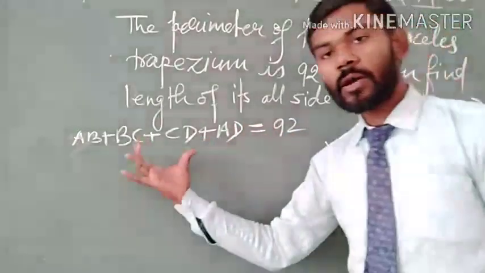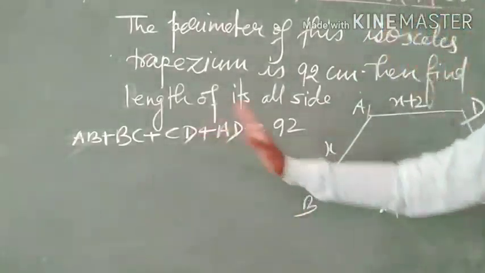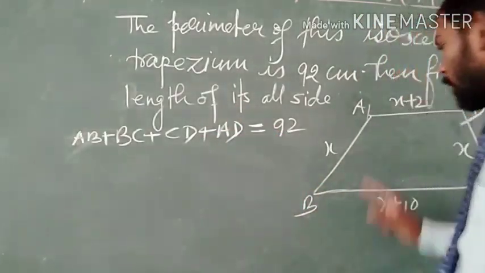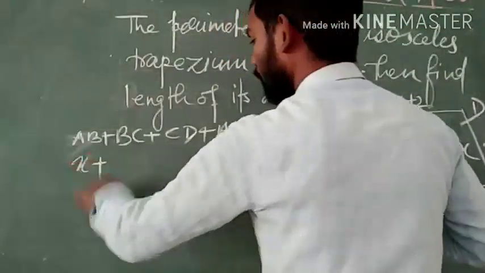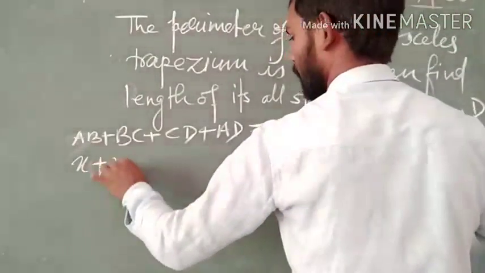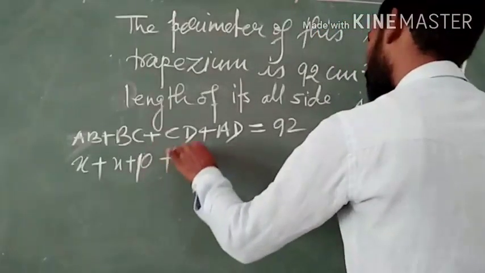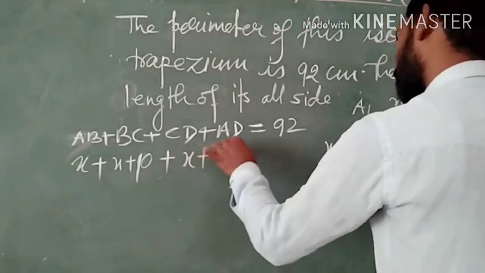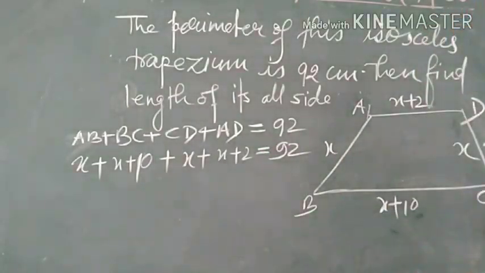Now put these values. The value of AB is x. Therefore put here x. BC is x plus 10. So write here x plus 10. And CD is again x, and this is x plus 2, and this is equal to 92.